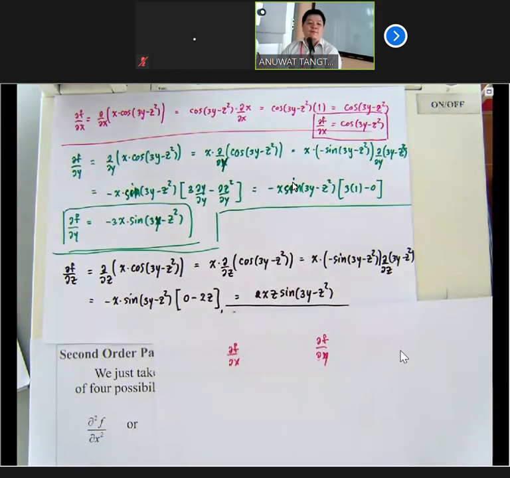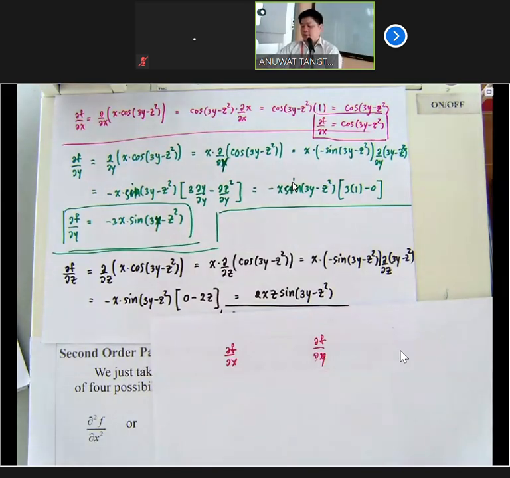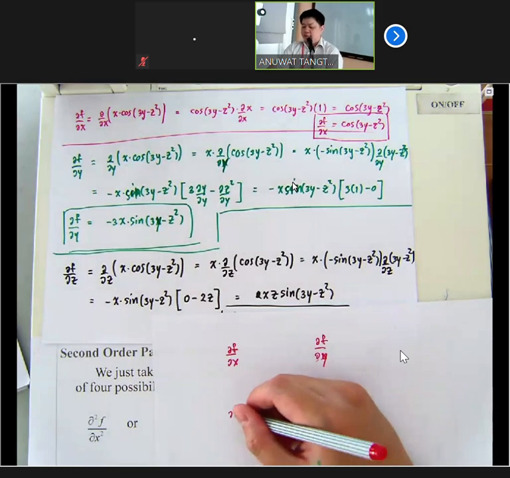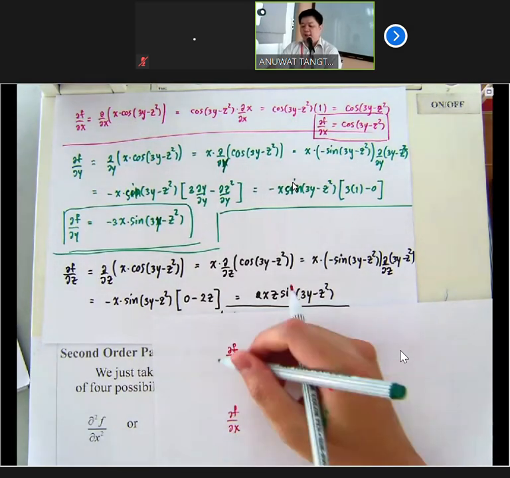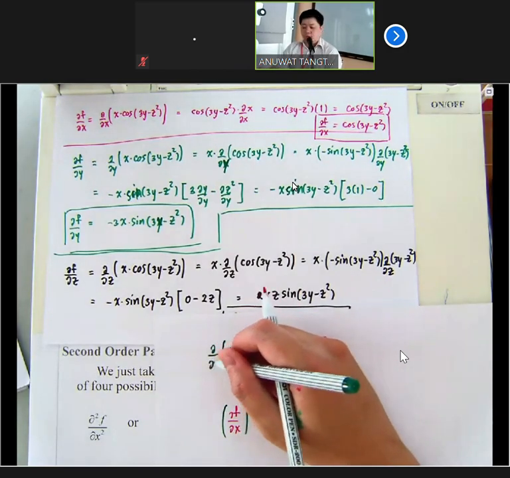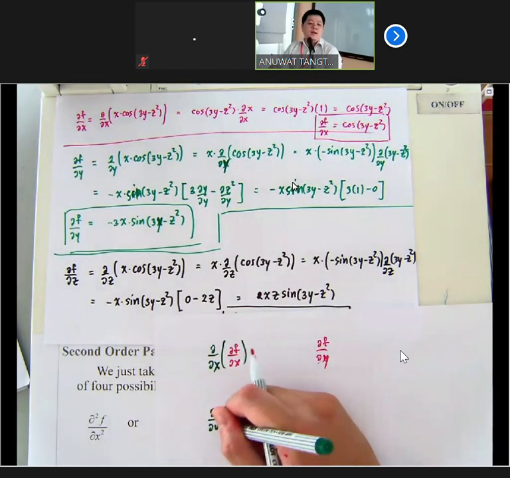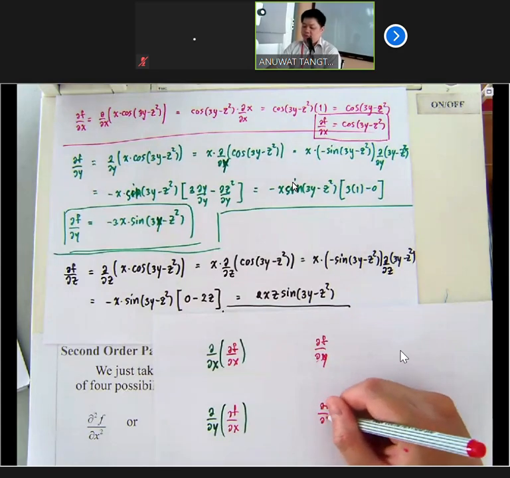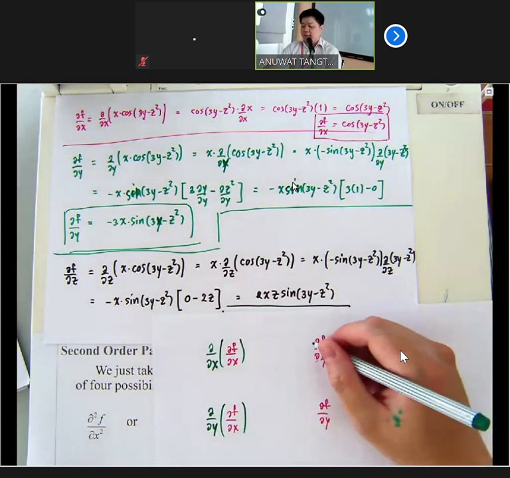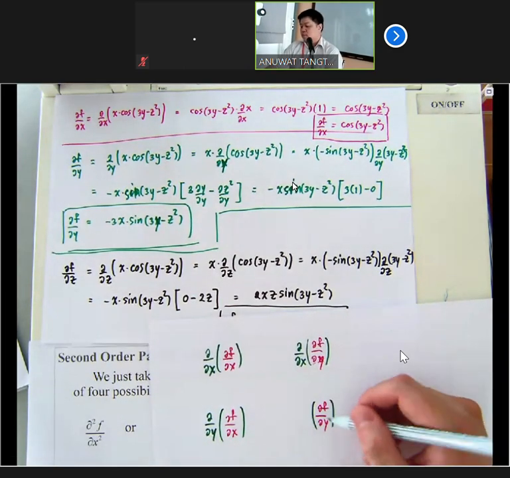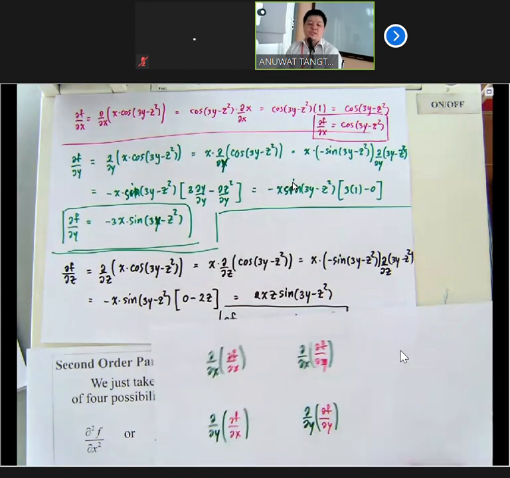And we have two choices to apply. So for df by dx, we can apply the derivative in two ways. Namely, we can do d by dx or we can do d by dy of the derivative with respect to x. And similarly, when we have the derivative with respect to y, we can apply the derivative with respect to x of this function. And we can do d by dy to this function.